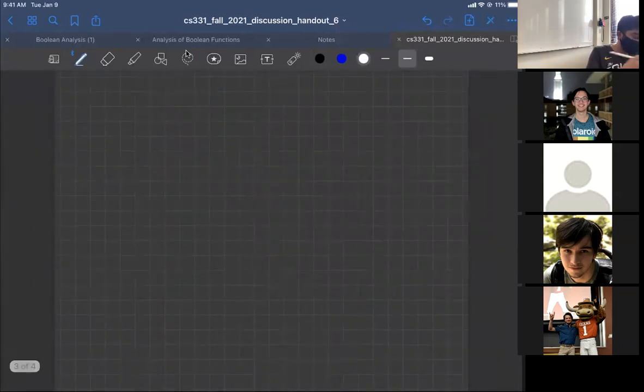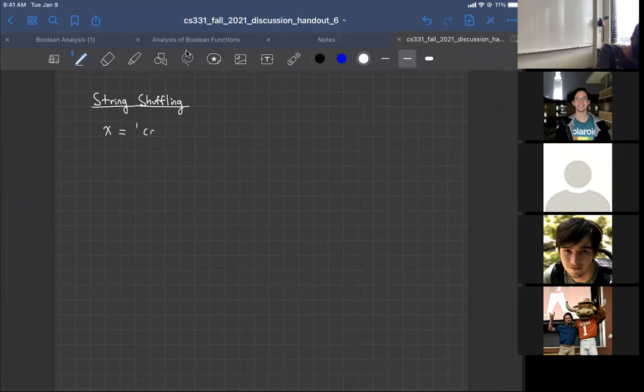Okay, so this problem is called string shuffling. What is string shuffling? Let's say you have a string X, for example equal to cat, a string Y, which is equal to dog, and you have a string Z, which has as many characters as X and Y combined.